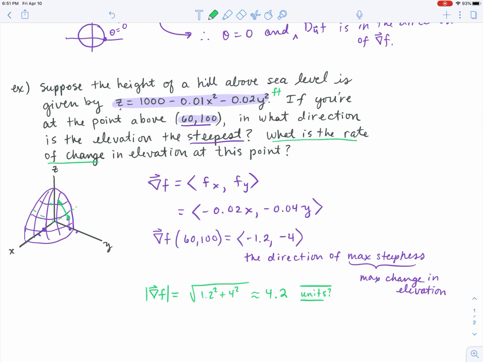It's going to be the units of both of these rates, right? These are all spatial, so it would be like feet per feet, like 4.2 feet up per foot that you move in that direction.